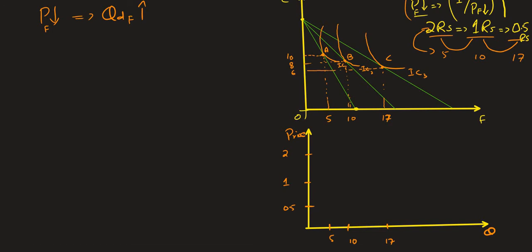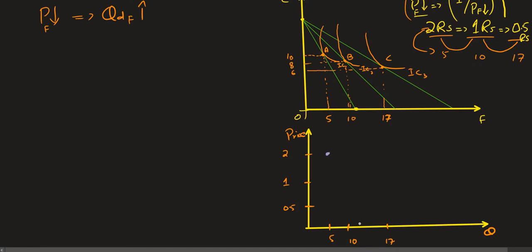So we are going to plot all these things again in a new graph, which is an extension of the same graph. When the quantity is 5, the price which the consumer is facing is 2 rupees.